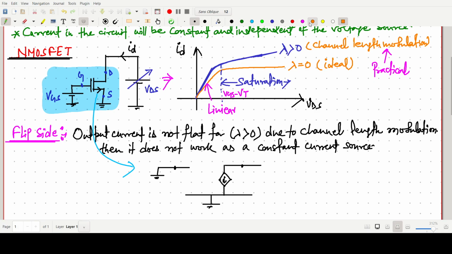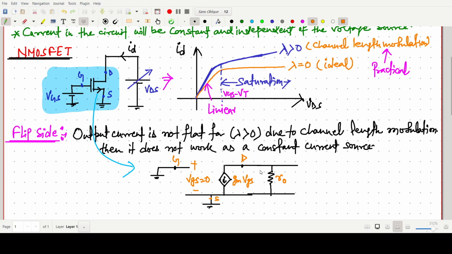So this is gate in, drain in, source in, and this one is the current source. This should be our gm VGS, with plus and minus VGS, and one more, some output resistance R naught will be there.